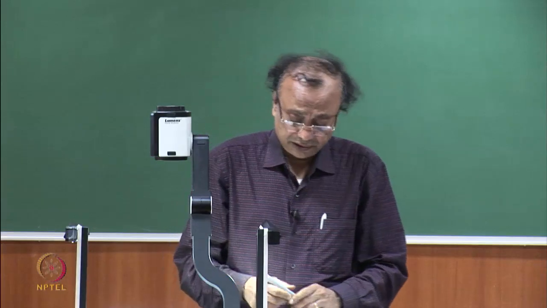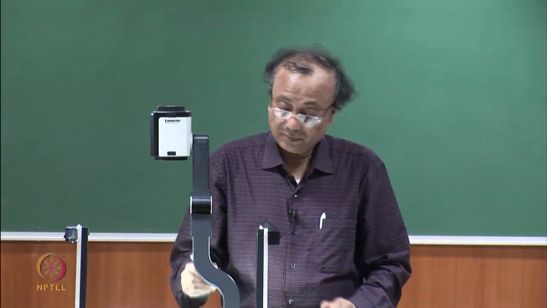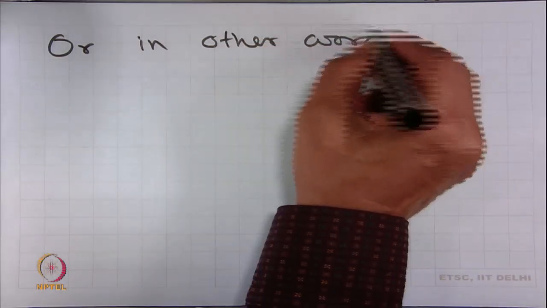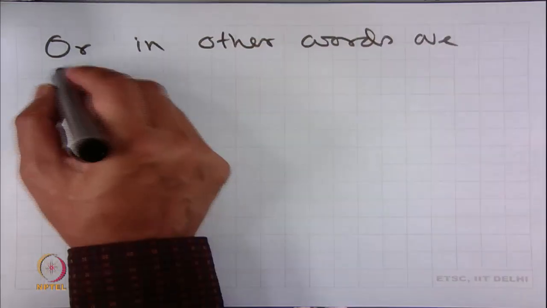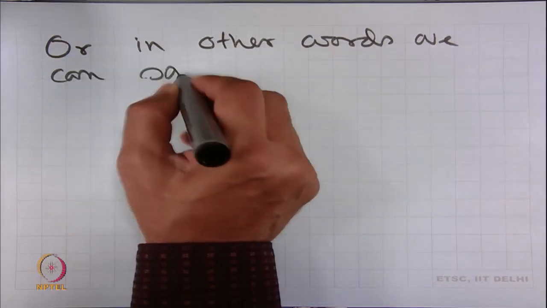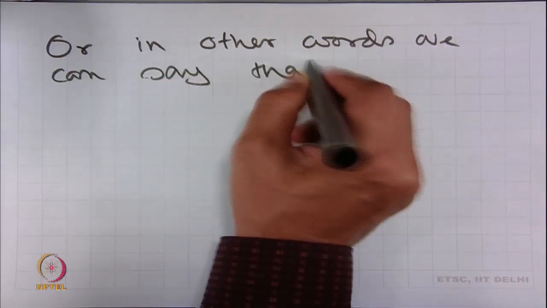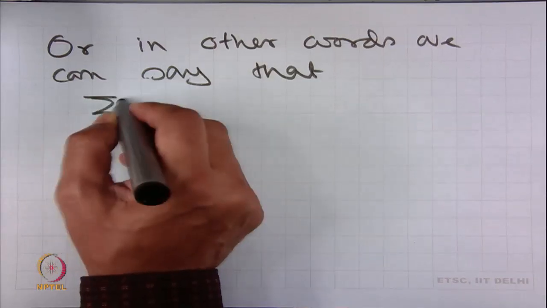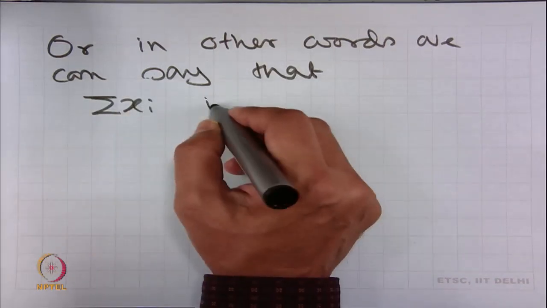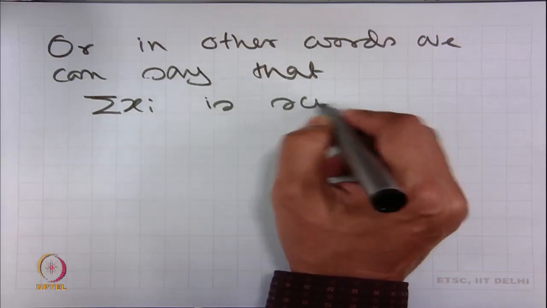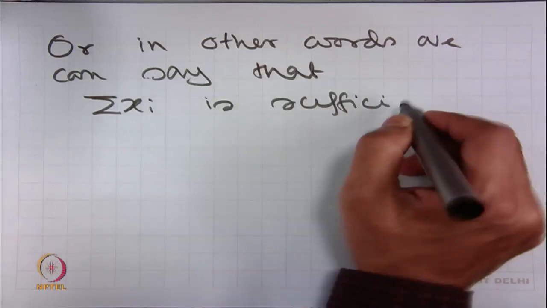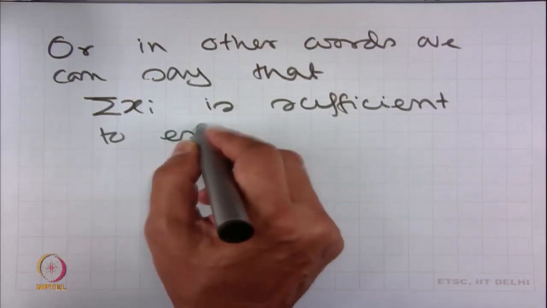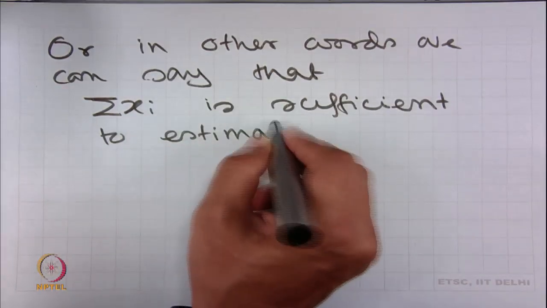So, in other words, we can say that sigma Xi is sufficient to estimate p.